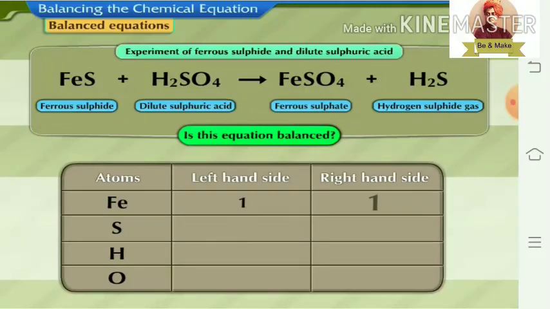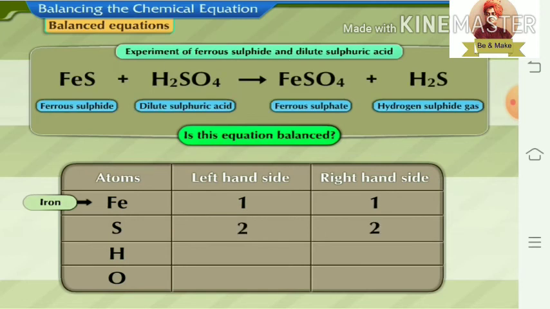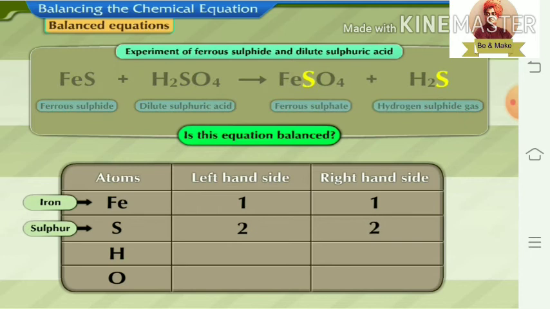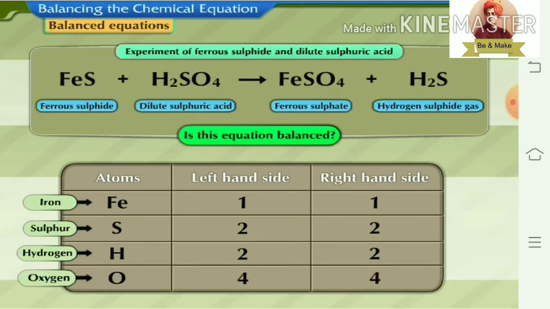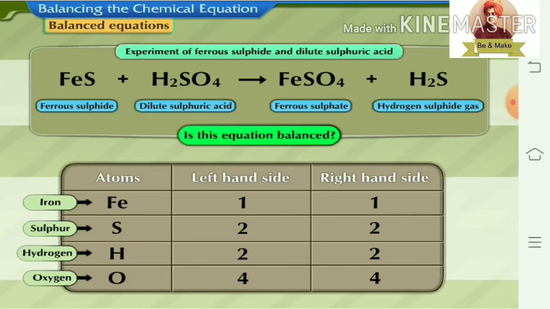Iron, Fe: LHS 1, RHS 1. Sulfur: LHS 2, RHS 2. Hydrogen: 2 and 2. Oxygen: LHS 4, RHS 4. So which is unbalanced? None, all the atoms are balanced, that is, the number of atoms on LHS and RHS are equal. So the equation is balanced.